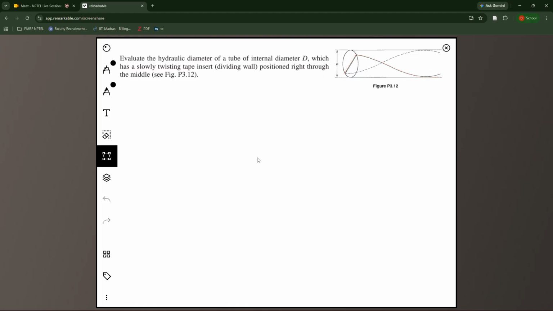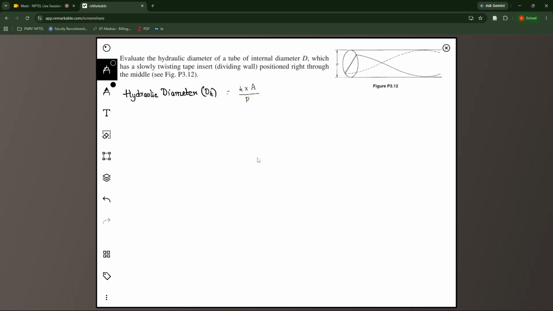So how do I define the hydraulic diameter? Hydraulic diameter is defined as 4 times area, where area is the total cross-sectional area through which the flow is happening, divided by the wetted perimeter.